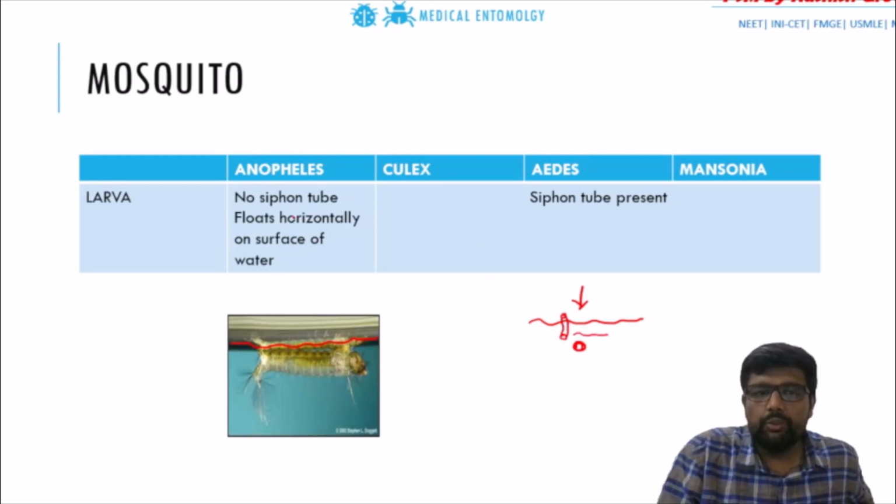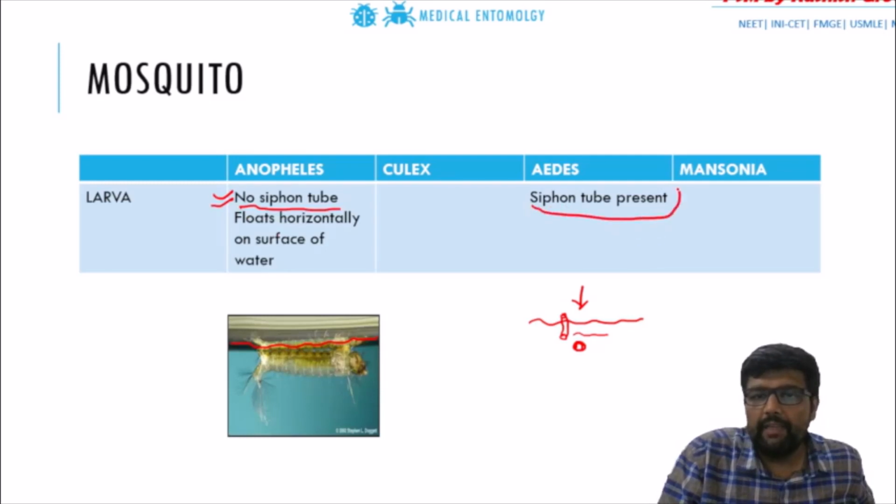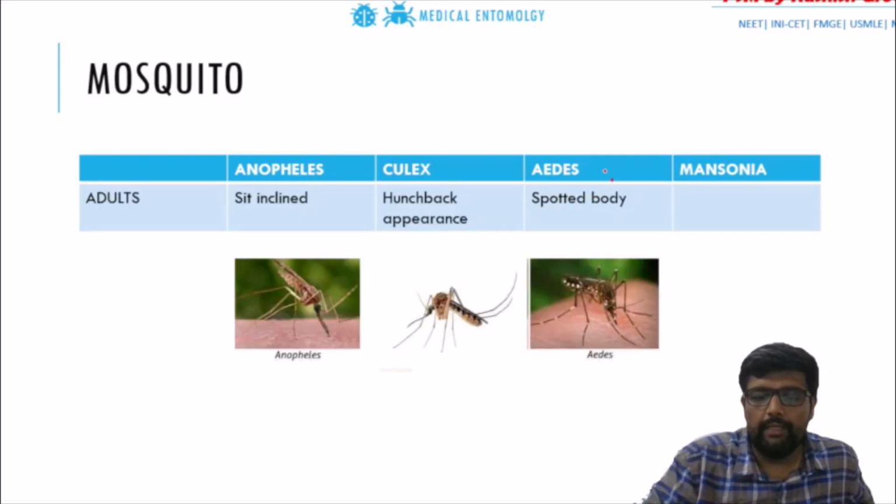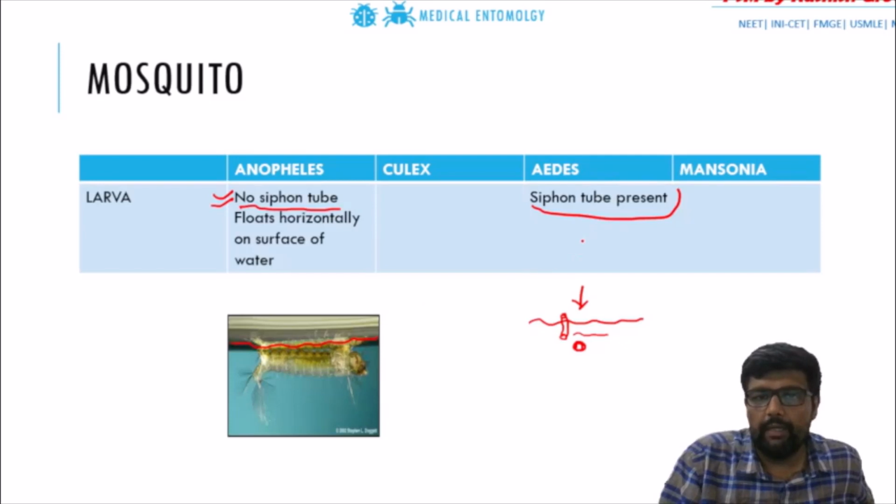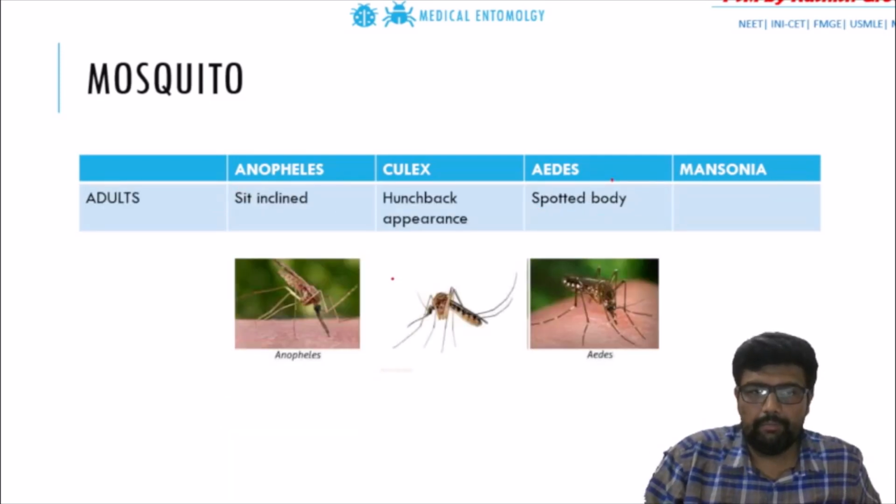Siphon tube is absent in Anopheles because the head is upward towards the surface of water, whereas in these three, siphon tube is present.